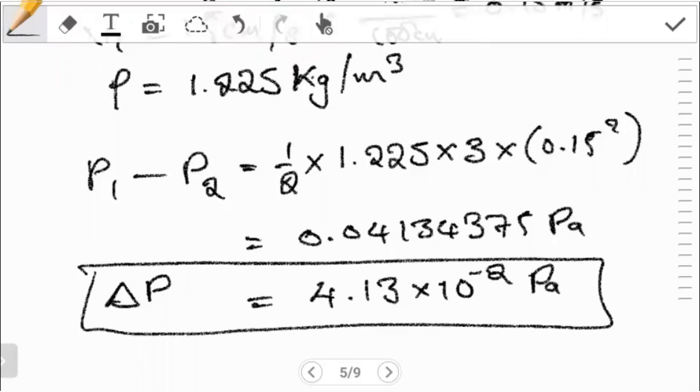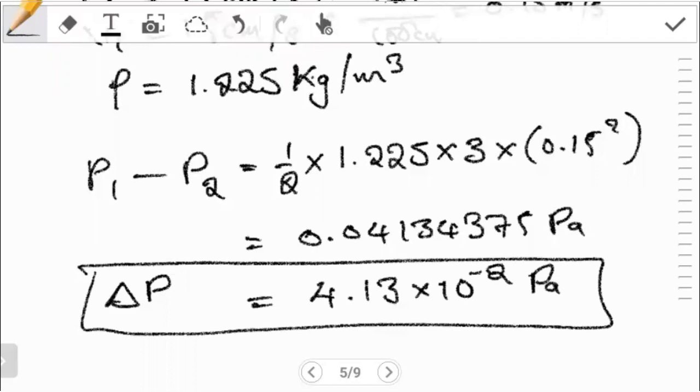Okay, so one key thing to take from this: the Bernoulli equation is the conservation of energy that we have to look at. It's basically just the work done that we all have to conserve. So it's a statement of conservation of energy. The energy before is equal to the energy after. For this question we worked out, it was happening at a level surface, implying that the potential term is not there.